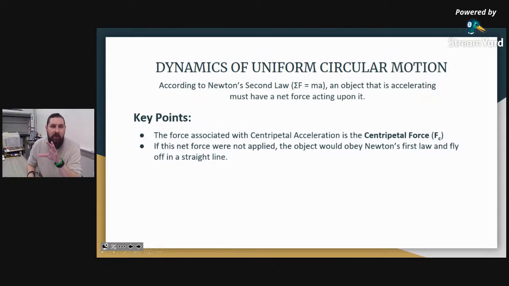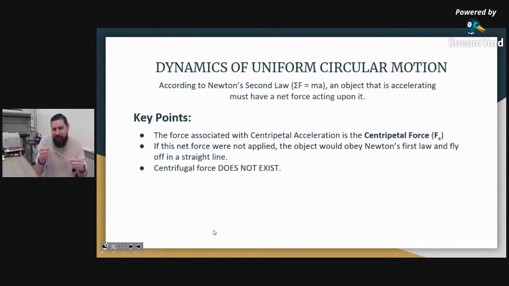Now, I want to talk to you very quickly about a huge misconception in physics, and that is this idea of centrifugal force. Centrifugal force does not exist. I know some of you will go, wait, I've taken something on the end of a string and I've twirled it around and I've felt this outwards force.